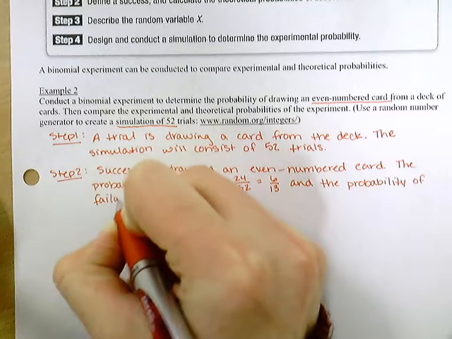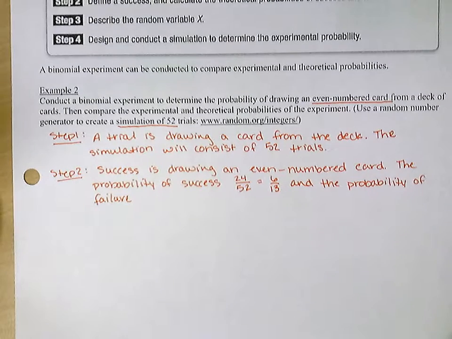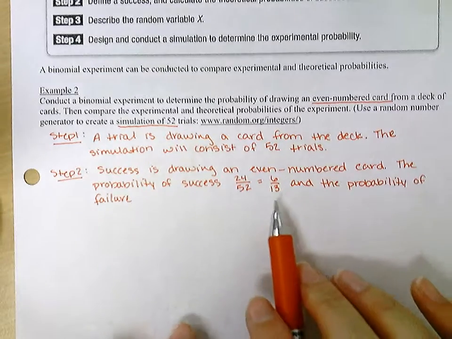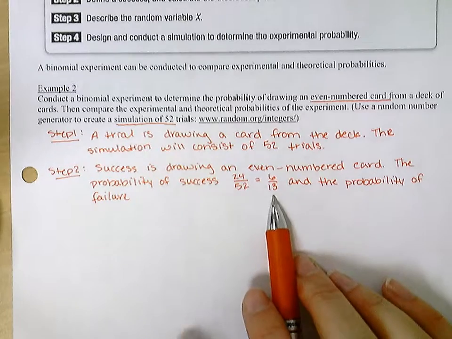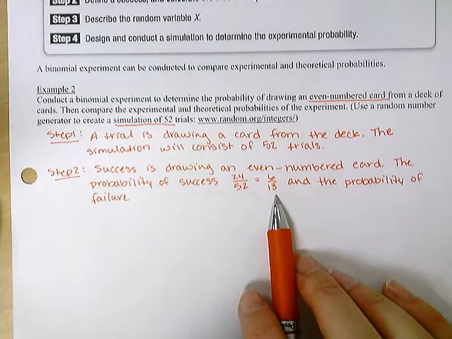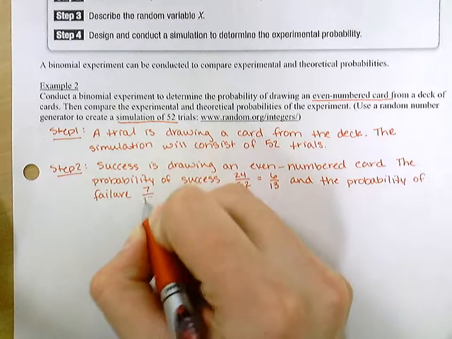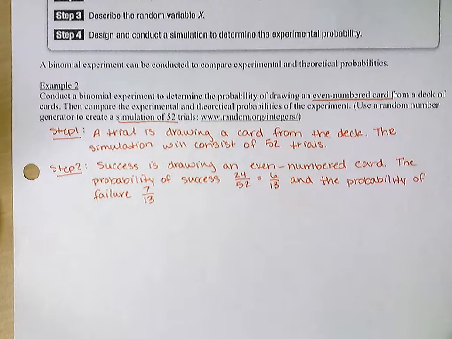Probability of failure. Failure would be picking an odd numbered card. Your probability again has to equal 1. So if my probability of success is 6 over 13, my probability of failure would have to be 7 over 13, because when I add those together, it should equal 1. And if you want to, you can write that as a decimal instead of a fraction.